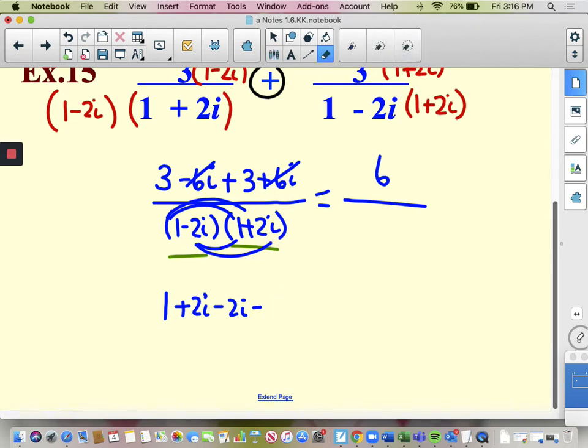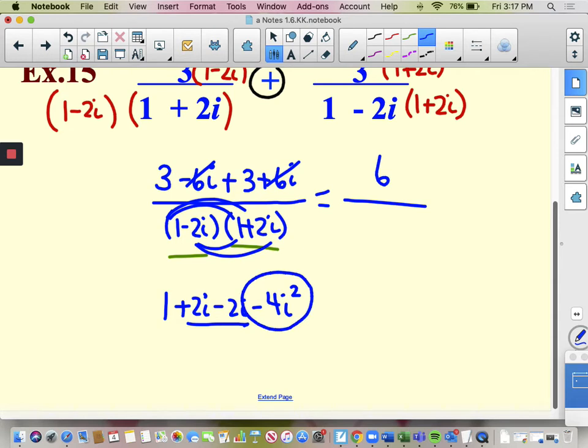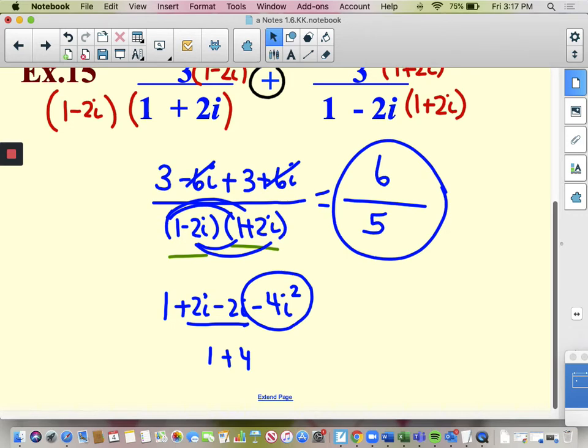It doesn't really look like an i, sorry. Minus 4i squared. So these cancel. This is really a plus 4, and 1 plus 4 is 5. And so this is really just 6/5, or 1 1/5. Okay, so there you kind of have some division questions.